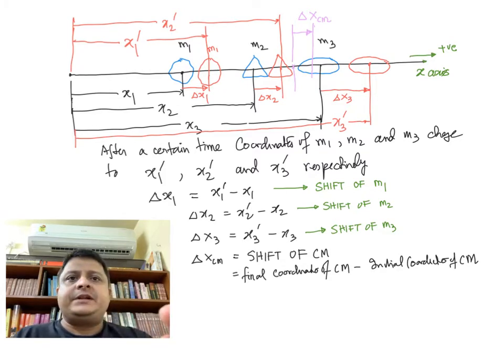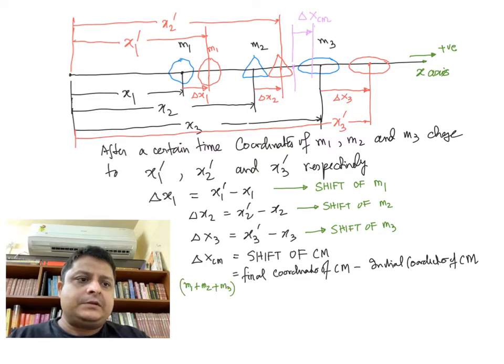So what will be delta xcm? Now as we know, (m1 plus m2 plus m3) into xcm, with I for the initial state.